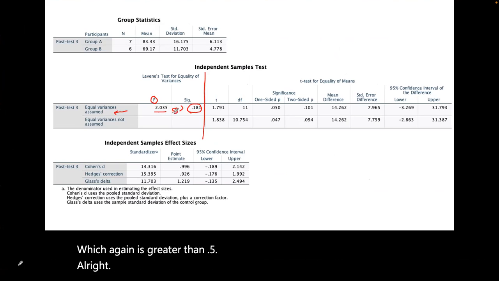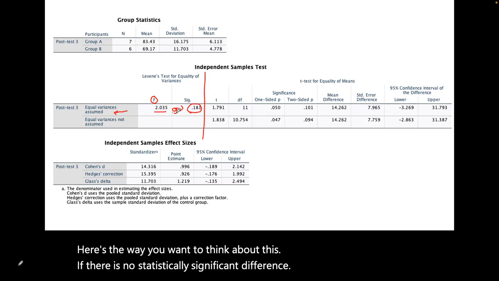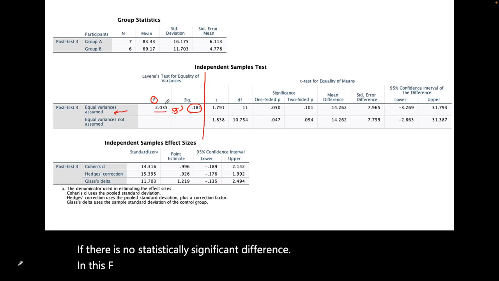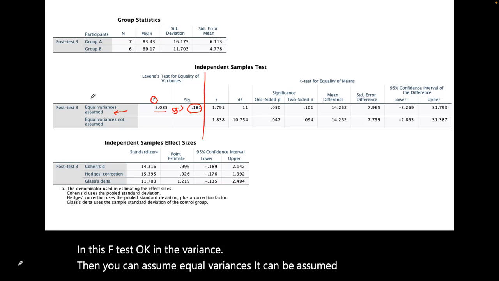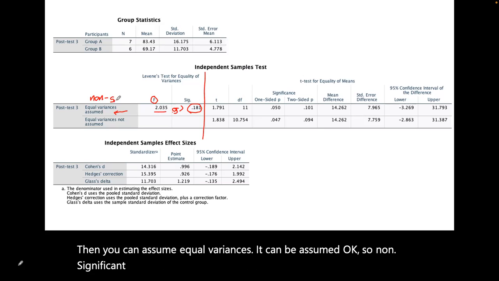Now, here's the way you want to think about this. If there is no statistically significant difference in this F test, in the variance, then you can assume equal variance. So non-significant Levene's test.